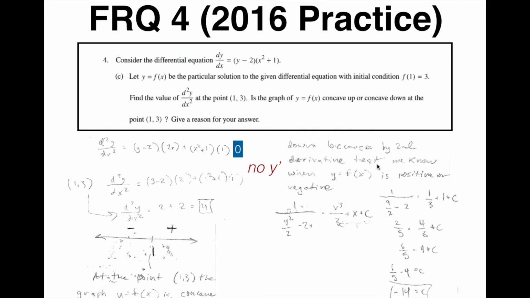And by figuring out if that particular point has a concavity up or a concavity that's down, you can say whether it's a max or a min. But there's no sense in taking the second derivative test if you haven't found points that could be min or max.